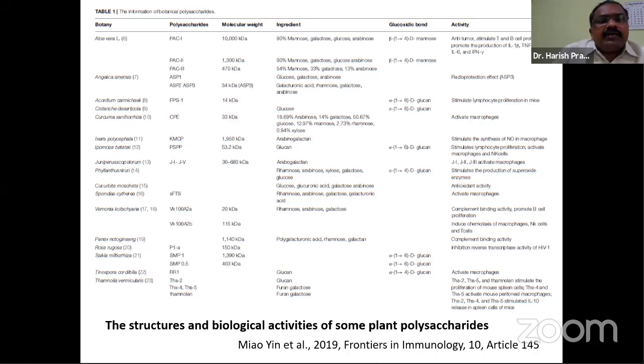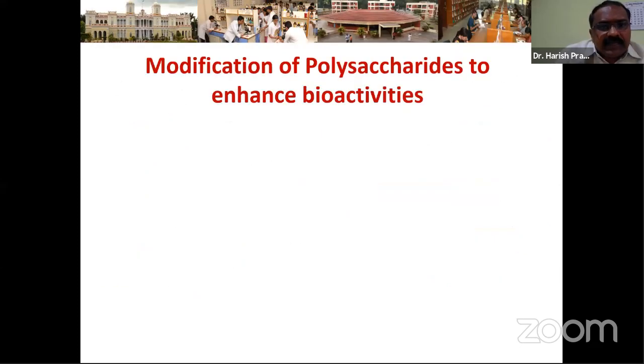With respect to different molecular weights or monosaccharide composition, there is a huge difference between function and structure, and also with respect to the bond it is constituted of. Whether it is alpha 1,6, beta 1,4, or beta 1,6, even the smallest anomeric change will change the functionality of this carbohydrate or polysaccharide. That is how the importance has been gained for the biological activity of these plant polysaccharides.